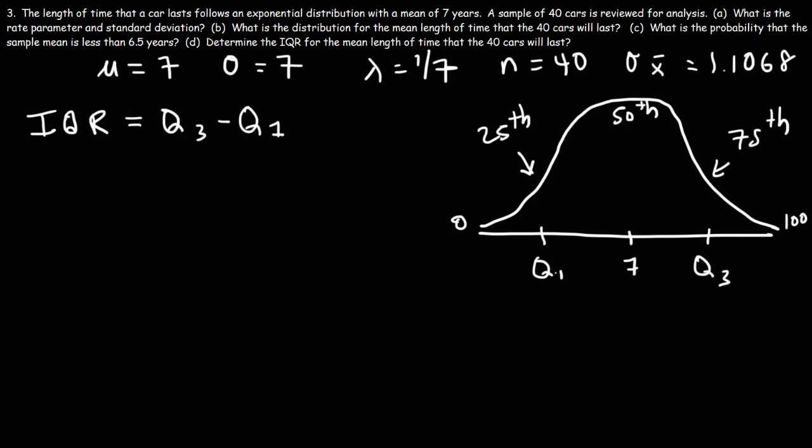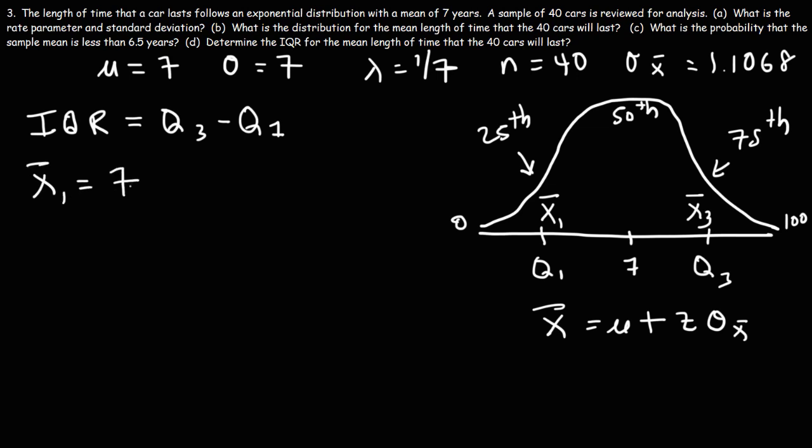So we need to calculate the x bar values that correspond to Q1 and Q3. Let's call this x1 bar and x3 bar. X bar is equal to the mean plus the z-score times the standard error. So let's start with x bar 1.